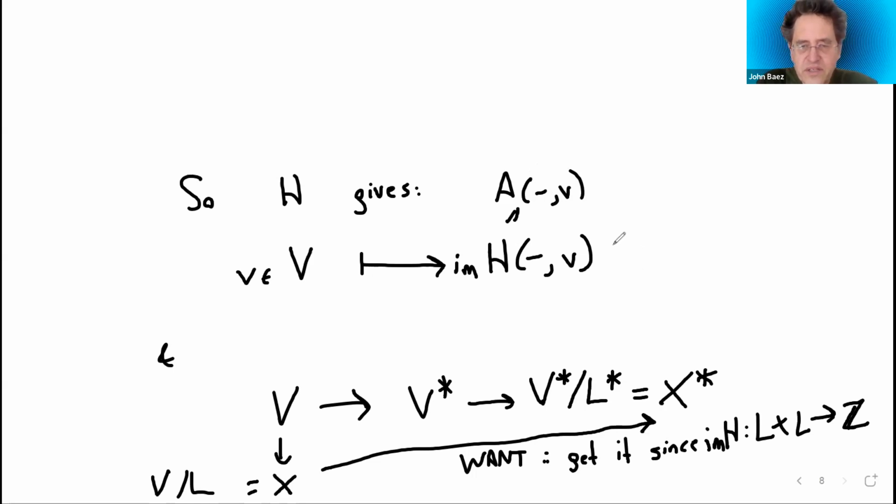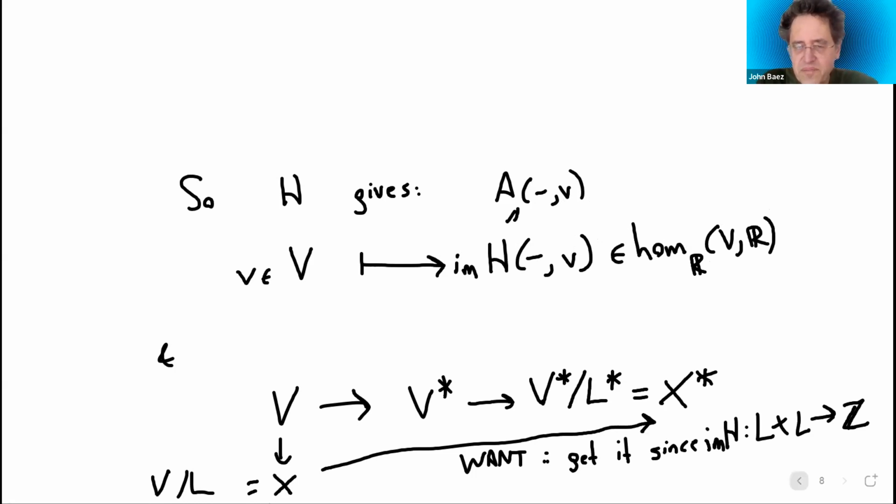Okay, so this imaginary part of H is just a real linear functional on our vector space. So this thing is in Hom_R from V to the real numbers.